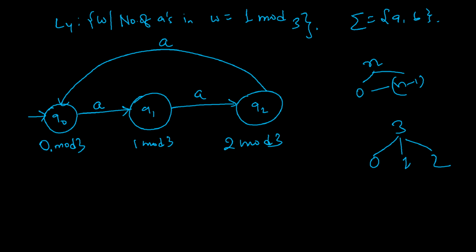When it comes to B, it does not matter, so for every state you can stay there. So this is the DFA for L4. What do we want? We want 1 mod 3, so we make Q1 the final state.